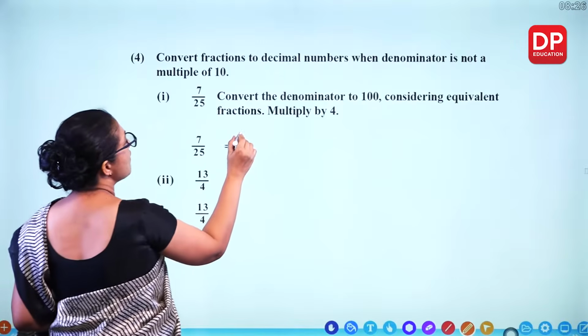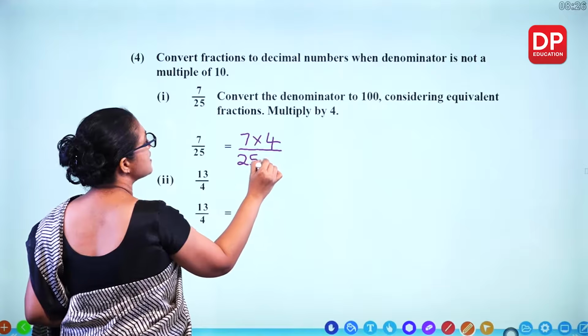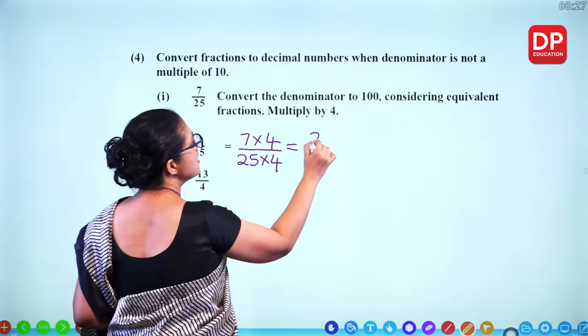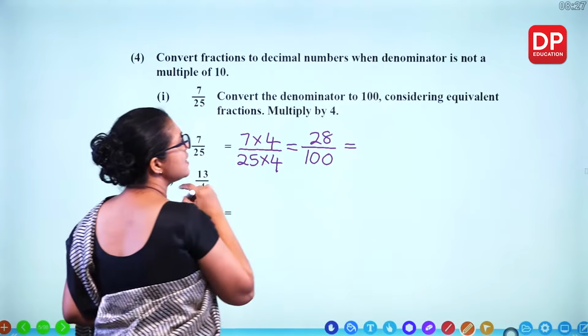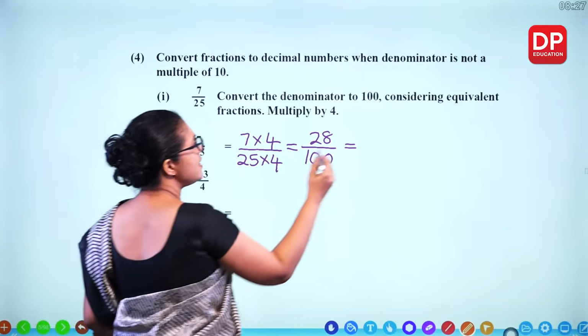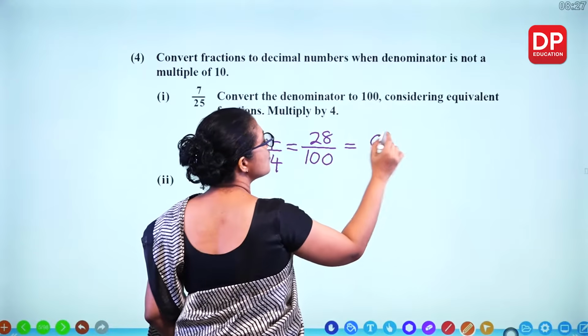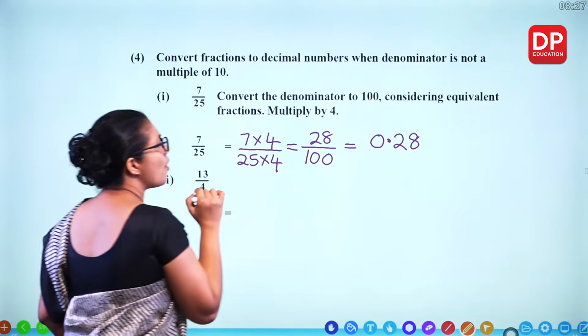So we'll do 7 multiplied by 4 in the numerator as well as the denominator. So what do you get? 7 times 4, 28. Divide by 100. Now you know what's the answer. 28 divided by 100, 2 places you are getting after the decimal point. So 0.28.